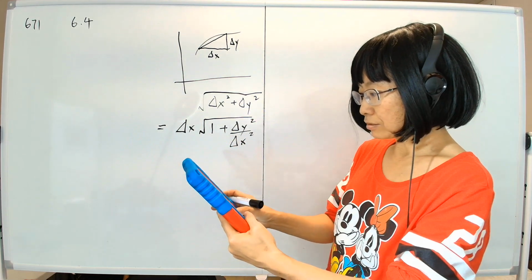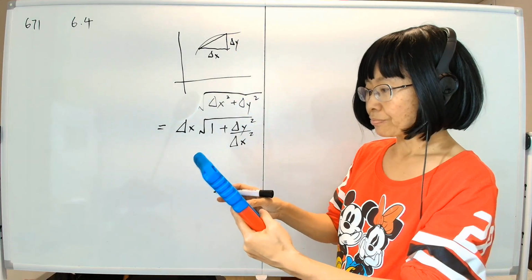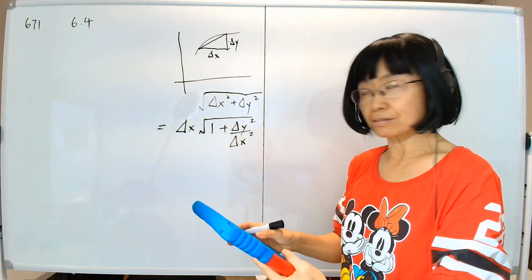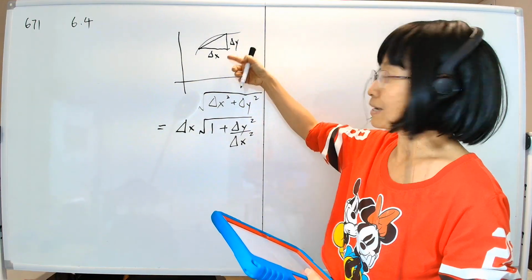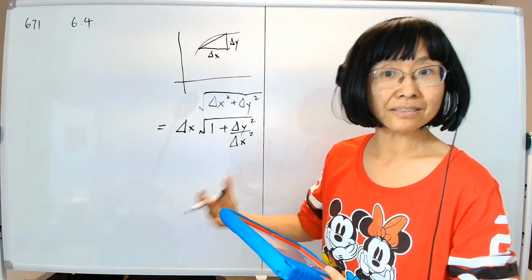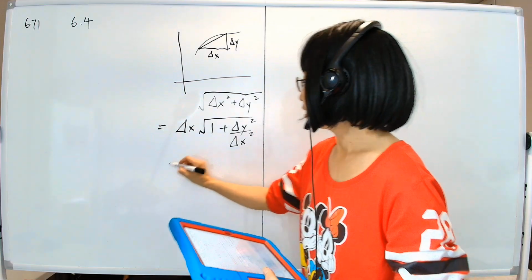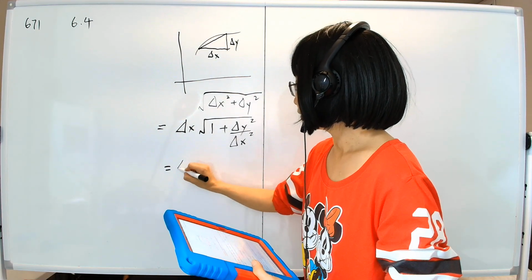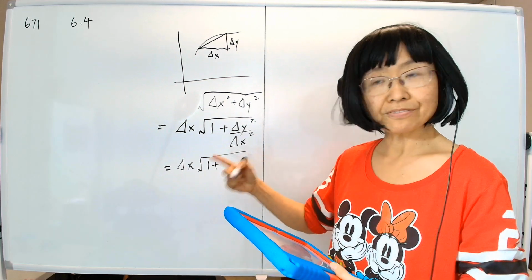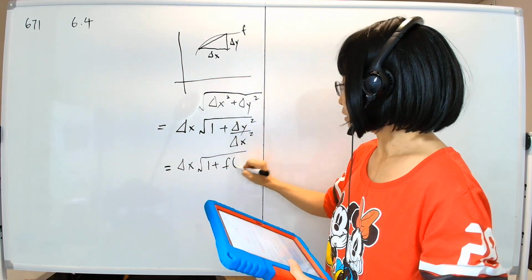And then what we're going to do is look at this thing. What is delta y over delta x? By the mean value theorem, or just by looking at it, delta y by delta x is the slope, right? And what's the slope? Well, it's the derivative. So we can say that this is equal to delta x times the square root of 1 plus the derivative of f, where f is evaluated at some point in here.